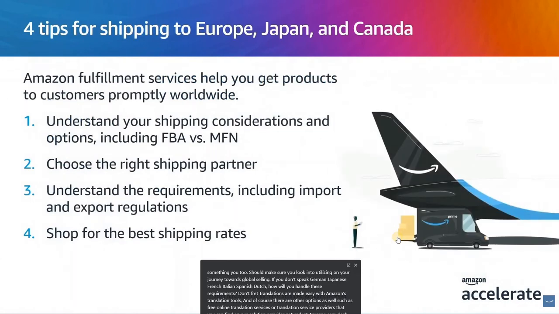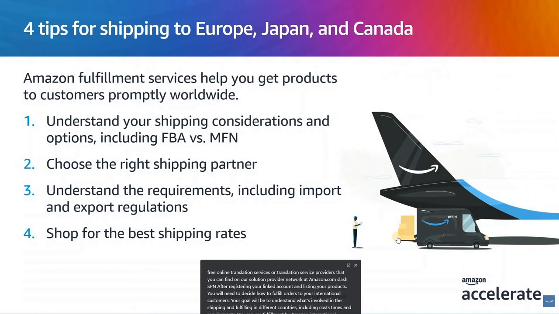After registering your linked account and listing your products, you will need to decide how to fulfill orders to your international customers. Your goal will be to understand what's involved in shipping and fulfilling in different countries, including costs, times, and requirements. You can use Fulfillment by Amazon International Solutions, or you can handle shipping yourself.